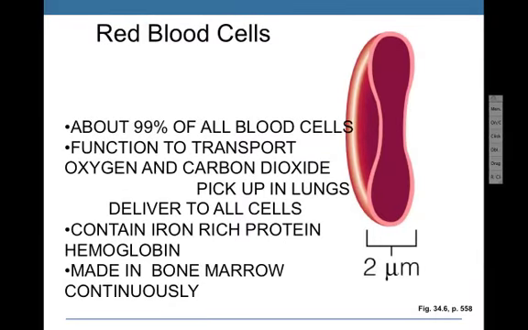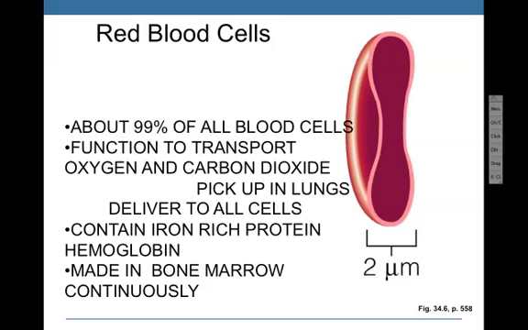Now here's a picture of a red blood cell. And they cut it in half so you can see how it sort of looks like a frisbee. The inner center area is not as thick as the outer portion, and it carries oxygen and carbon dioxide.